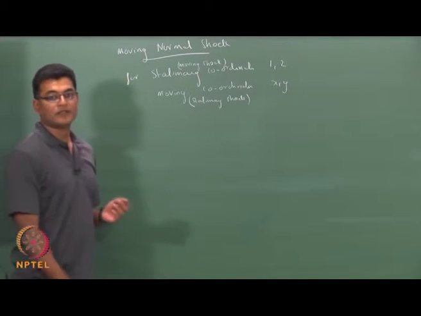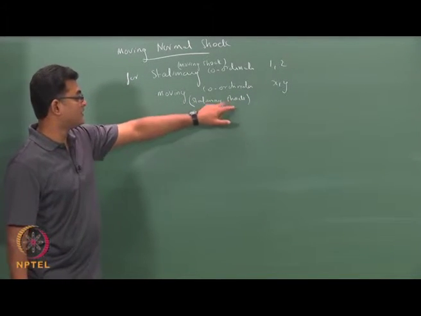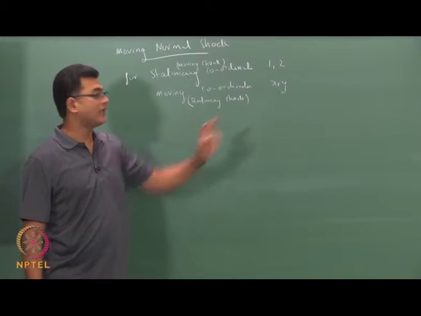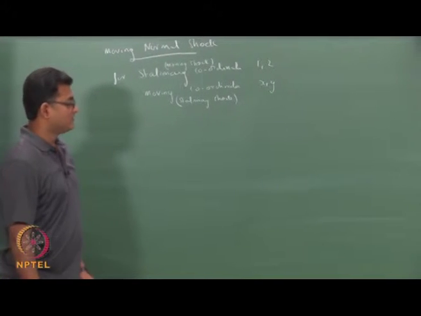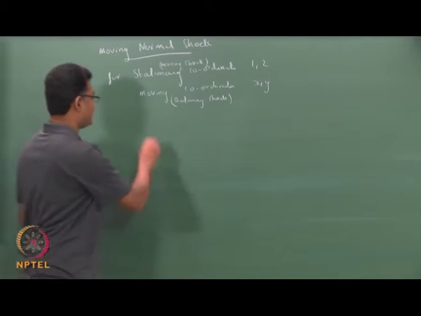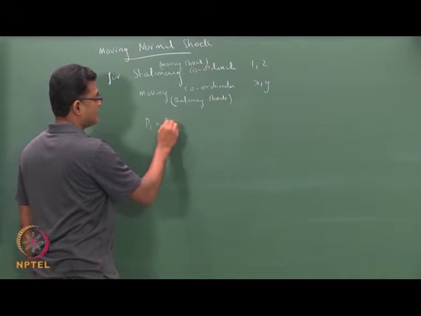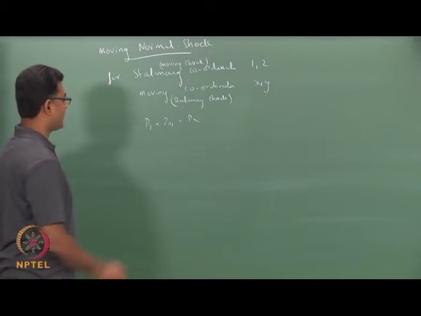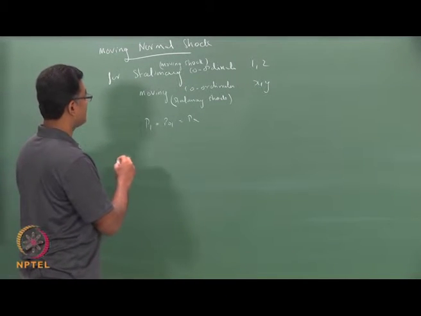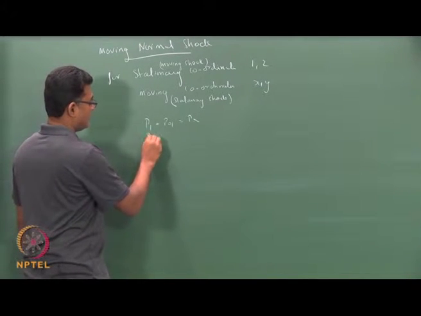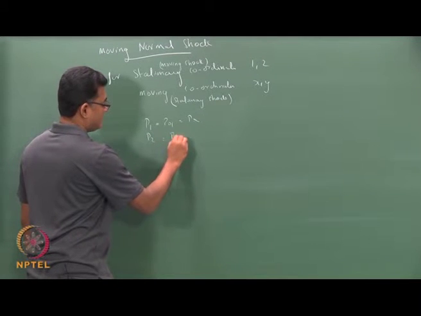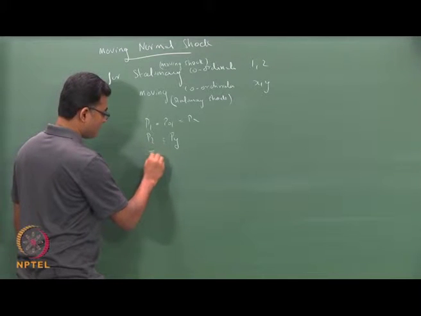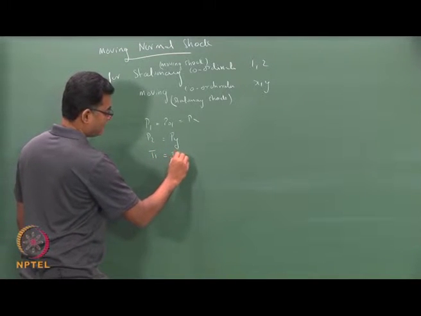Okay. So to match with the stationary shock notation that we have used before, I have used x and y. So we have seen how the static quantities are the same for your moving as well as stationary coordinates, because static quantities are measured while traveling along with the fluid.